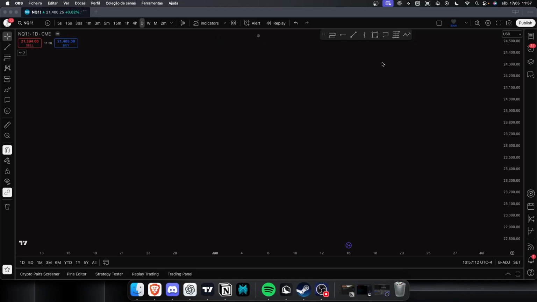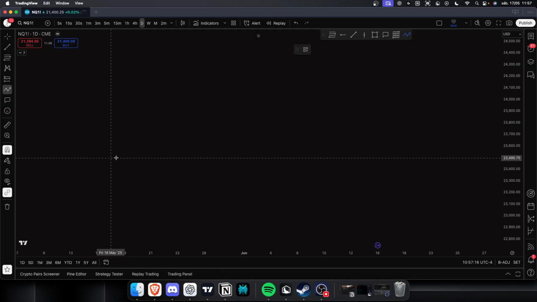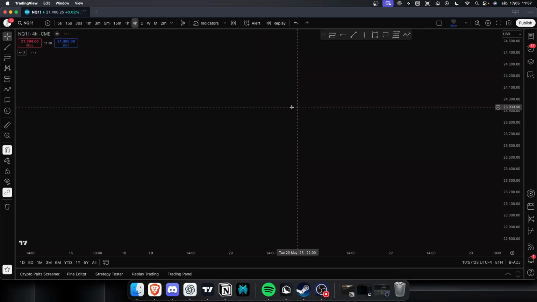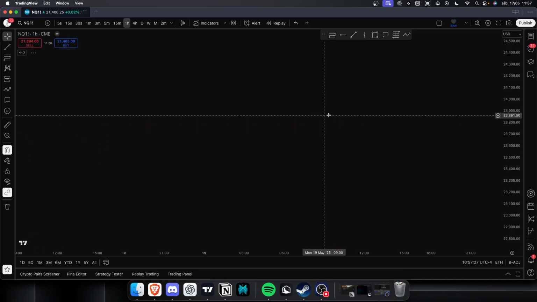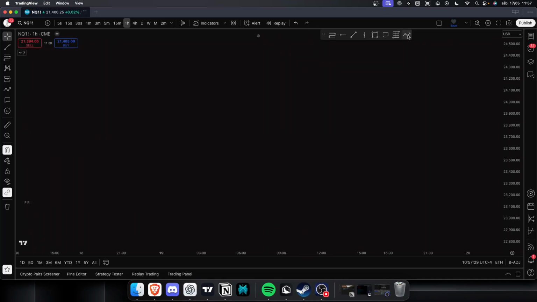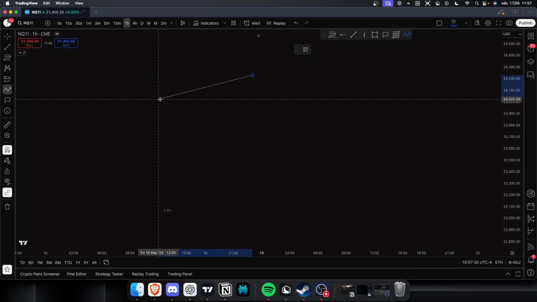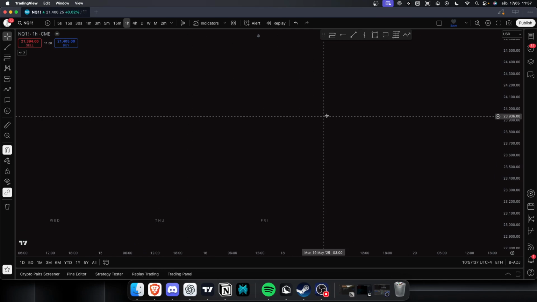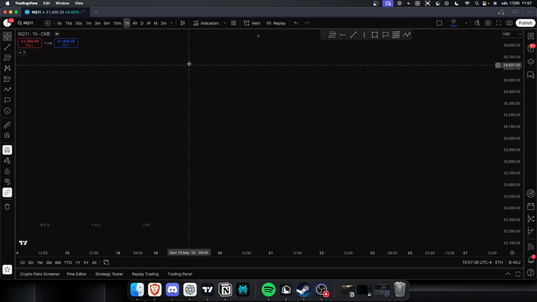So, let's just get the main rule out of the way. It's gonna take a while. Let me do this time frame. But the main idea of this is the bias, and why is the bias important? So, MMXM structure is, otherwise I'm not gonna be able to draw.